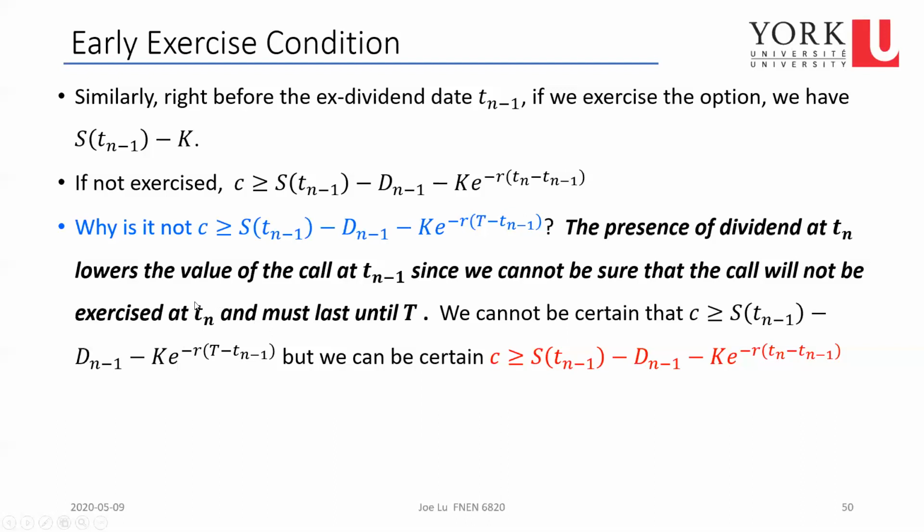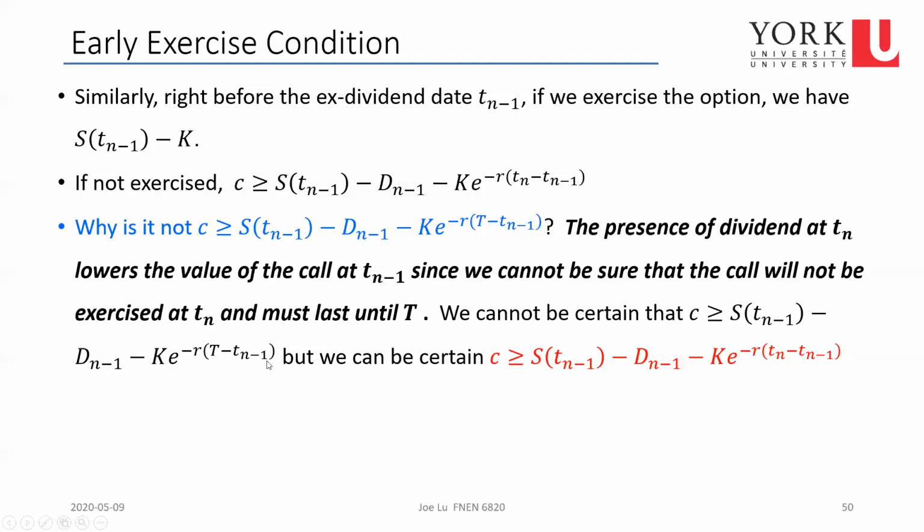Then if it gets exercised at Tn, the call doesn't last until the maturity date. So therefore, we cannot be certain that the call lasts all the way until the maturity date. If we could ascertain that, we would know the call value would be greater than this bigger thing here, but we cannot.